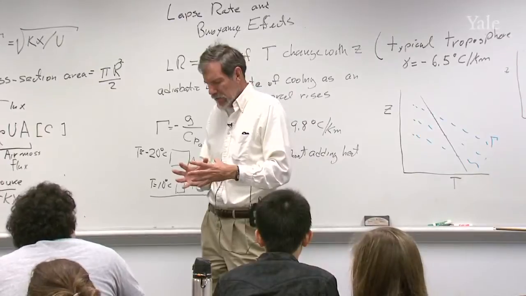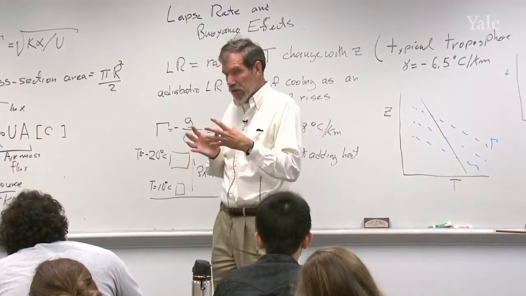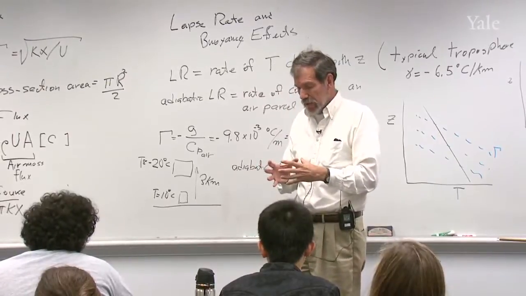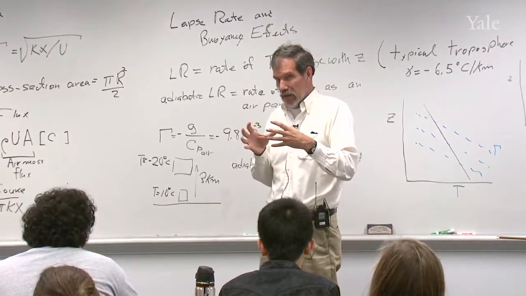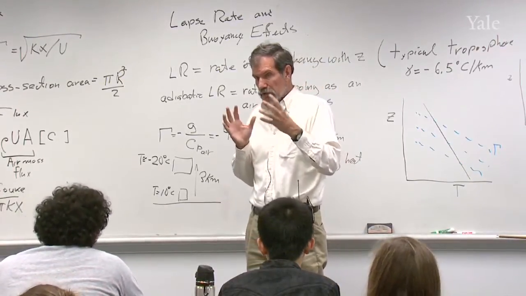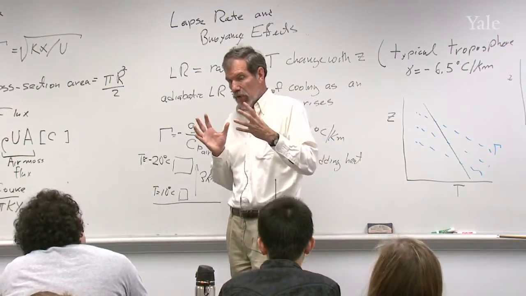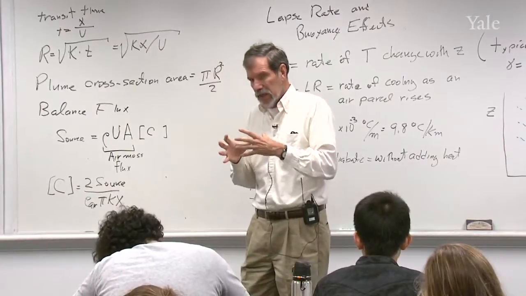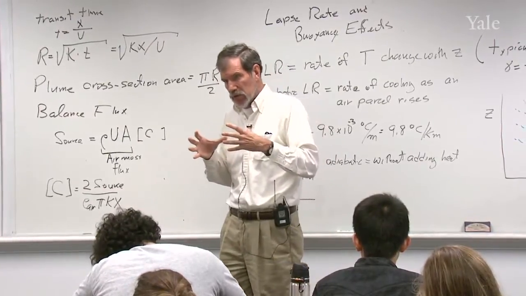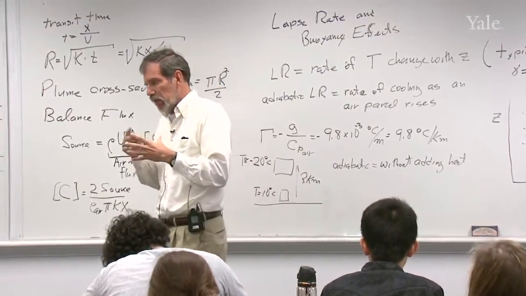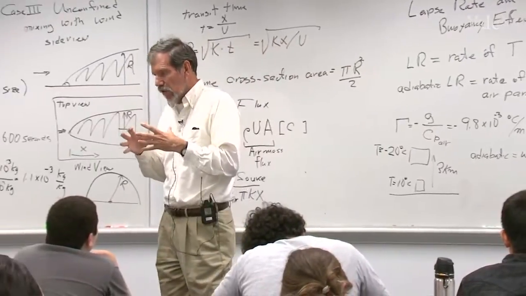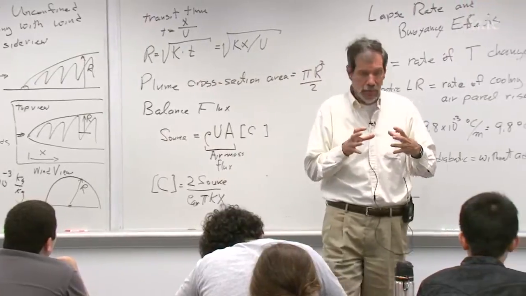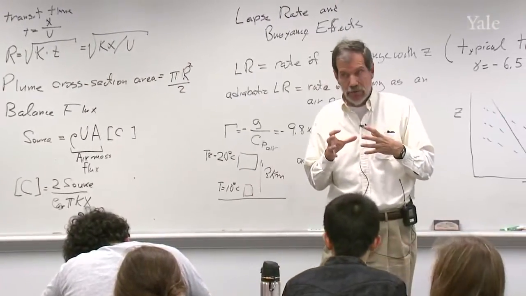When you take an air parcel of a certain volume and lift it, the pressure decreases as you go up. So when you lift that parcel up, it's going to expand a little bit. You lift it further, it's going to expand still more. And when air expands, it does work on its environment by pressing out and expanding. It decreases the amount of energy stored in the parcel because it's done work on the environment, and its temperature drops.